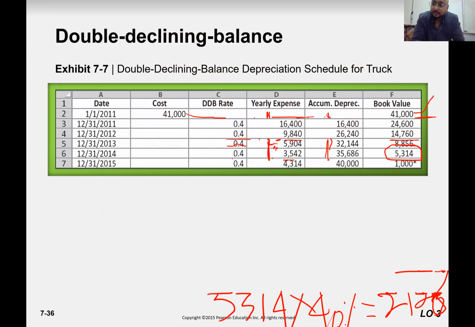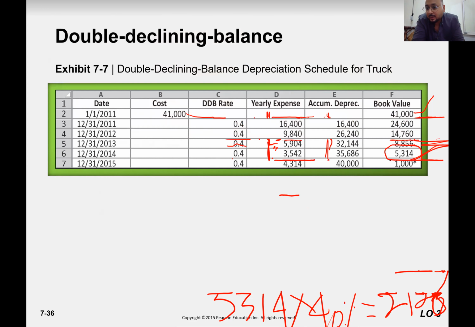Why is that? Because the last year depreciation is a plug number. Because the truck has a salvage value of 1,000 and this is the end of the life. We have calculated the book value 1, 2, 3, 4, 5.